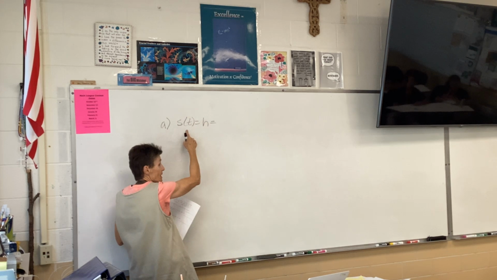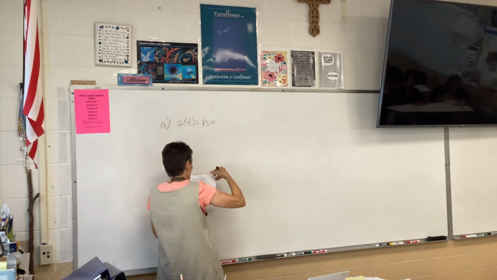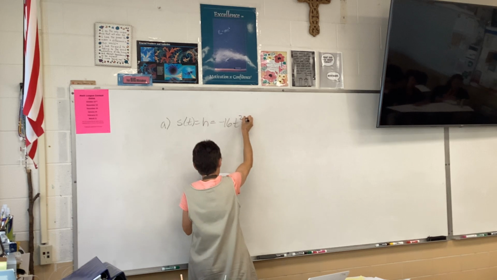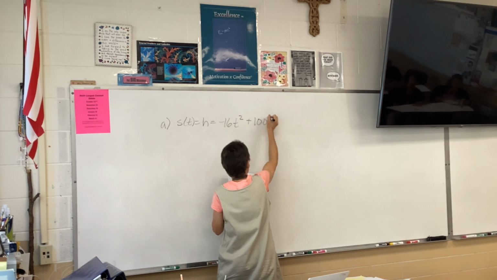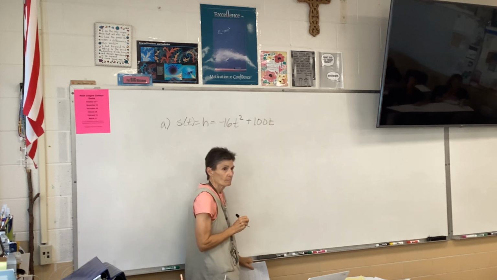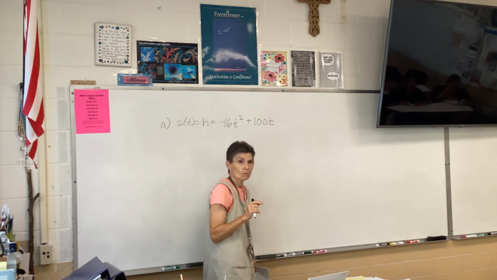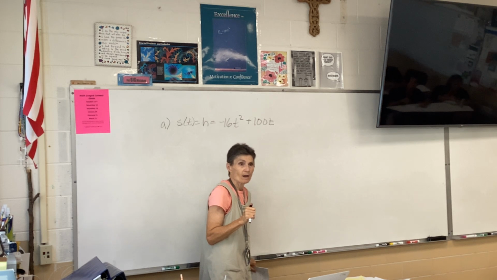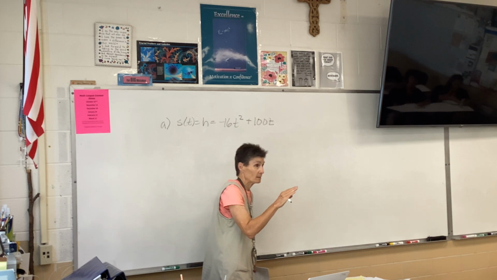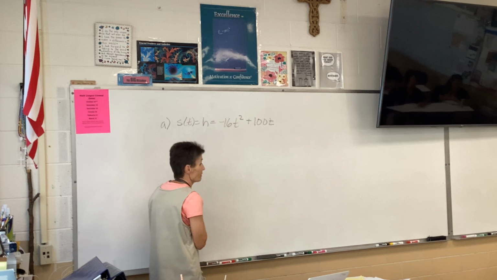H equals what? -16t squared plus 100t plus 0. Because why? We are throwing it from the ground. So the initial height is 0. We're not on a building, right? We're on the ground. Okay, so there's A.